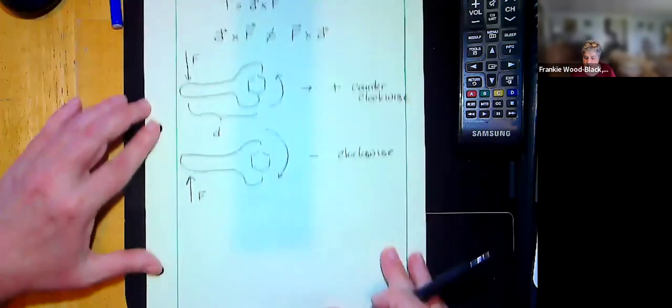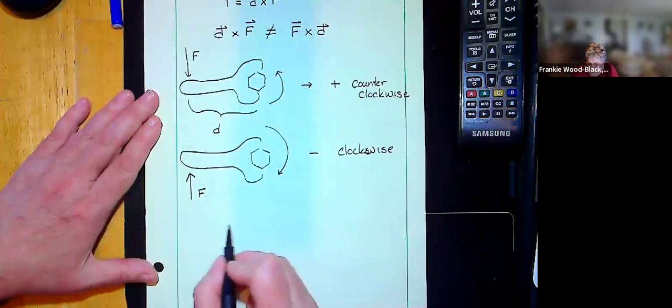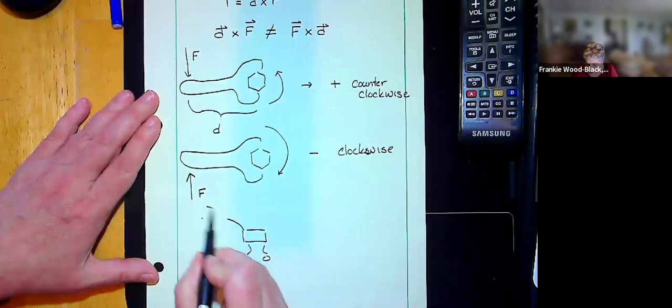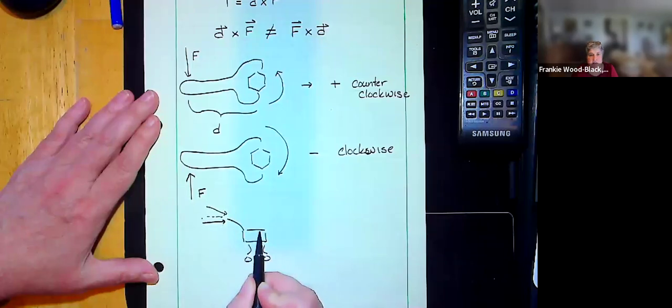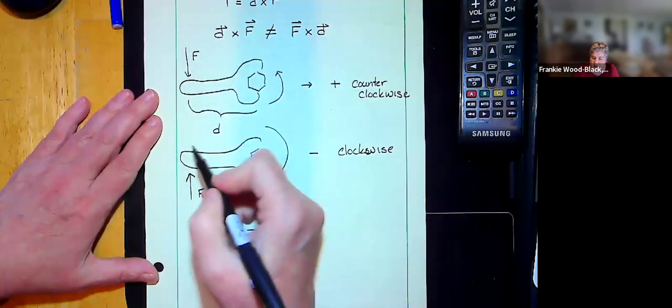And just like what we saw with work, if we go back to our shopping cart, and I'm applying my force here, we know that the biggest bang for our buck is what was in line. So when we did our work, we look at it that way. Same thing here.